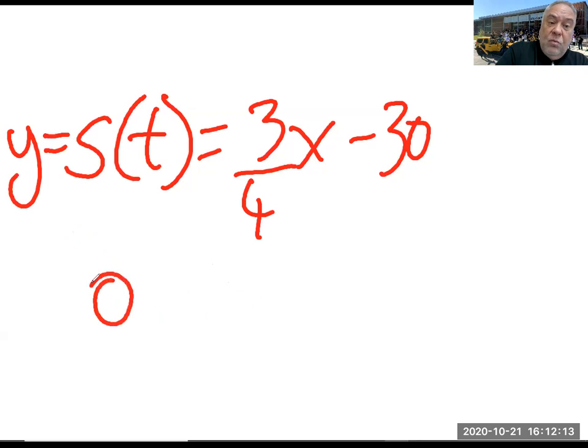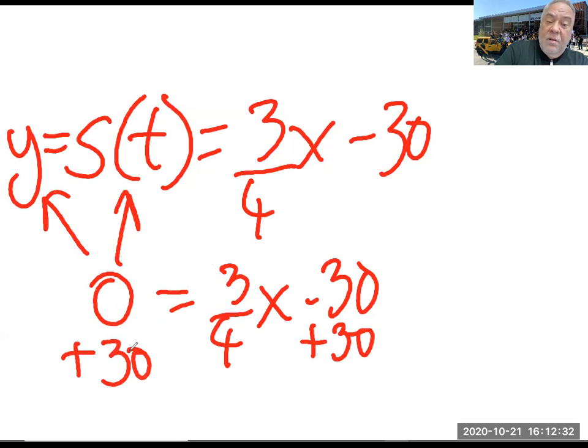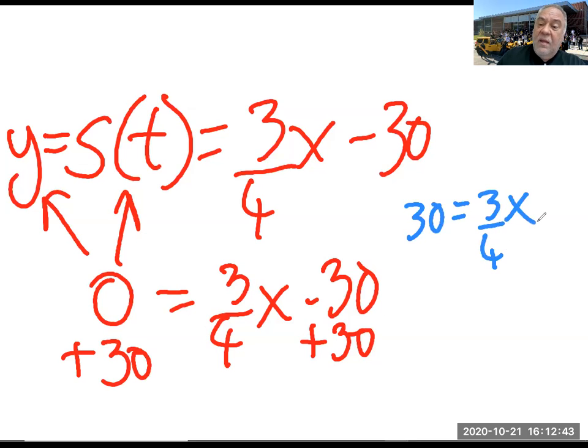So 0, or s of t, is equal to 3 fourths x minus 30, and I'm trying to solve for x. If I add 30 to both sides, I get 30. And how do I solve for x?